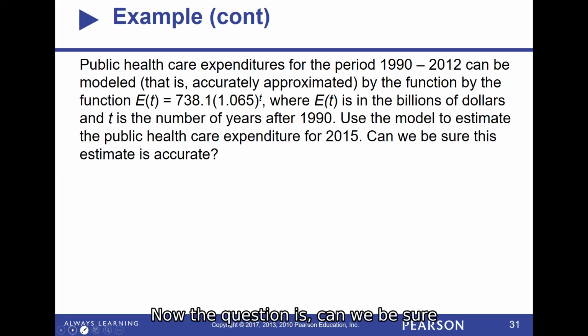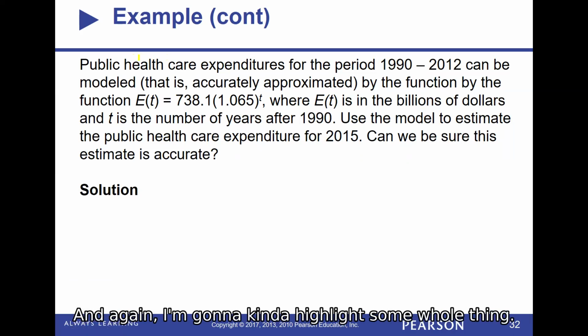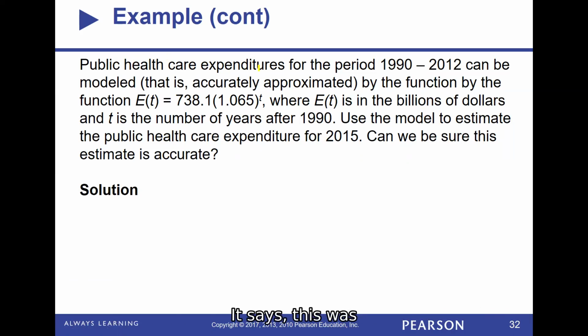Now the question is, can we be sure that this is accurate for 2015? I bring this to your attention because we talked about at the very beginning of this model, and again, I'm going to highlight something. It says this was the public health care expenditures for the period of this to this. And this is what it can be modeled, approximately accurate.